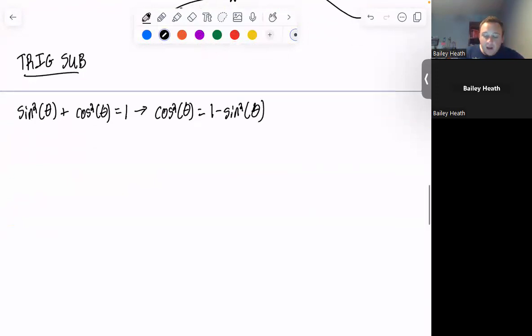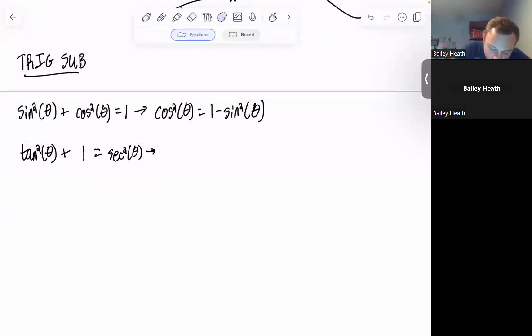Okay. Now, if I take this original identity, sine squared plus cosine squared equals 1, and divide both sides by cosine squared, well, sine squared over cosine squared is going to give me tangent squared. Cosine squared over cosine squared is going to be 1, and 1 over cosine squared is going to be secant squared.